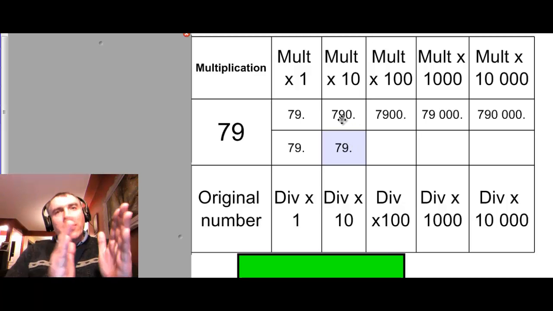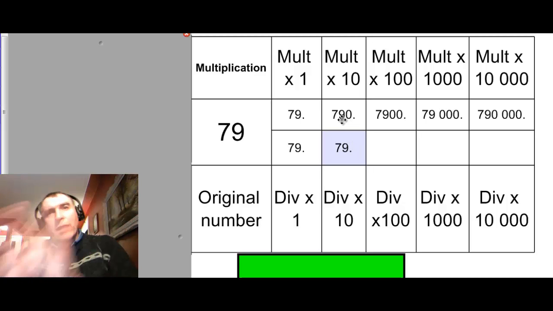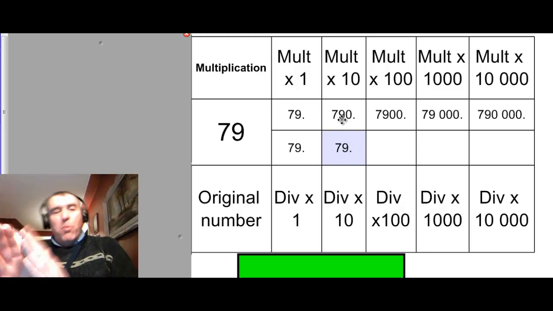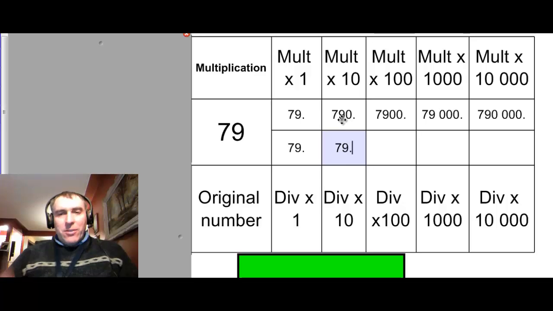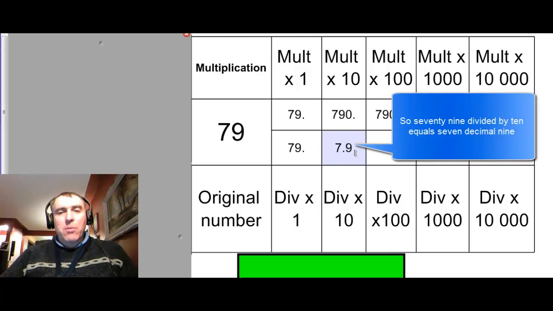So instead of moving the decimal point to the right, we have to move the decimal point to the left. So that decimal point is going to move over one spot and be between the 7 and the 9. So when we're dividing by 10, there's 1 zero, so you're going to move that decimal point 1 spot to the left and make that number slightly smaller.